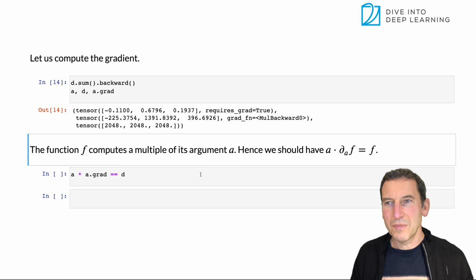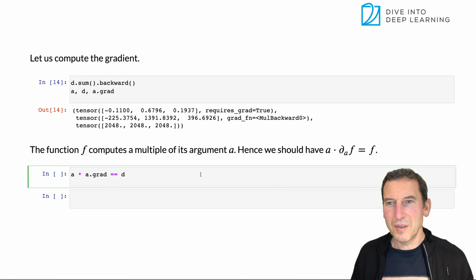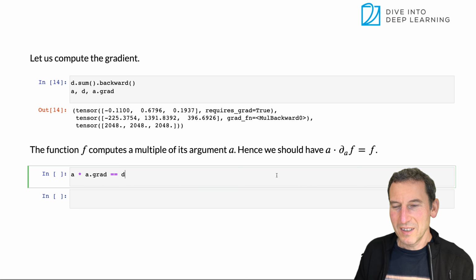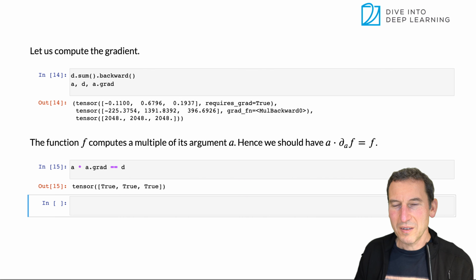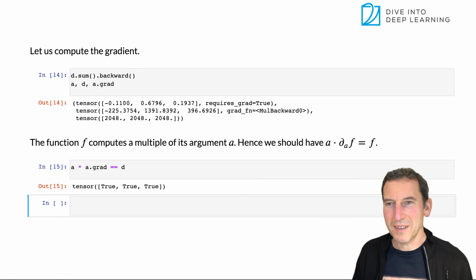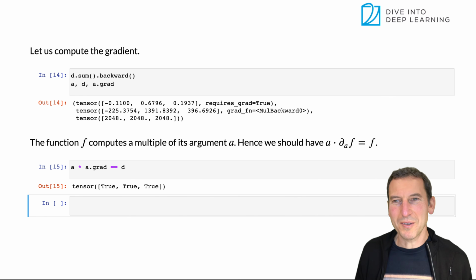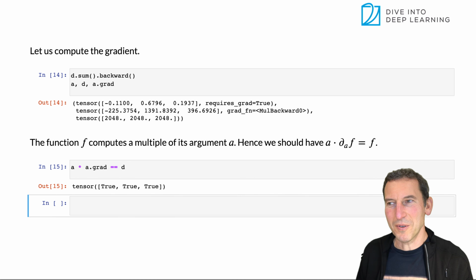Now, if you watch closely what was going on before, you can check that a divided by the gradient of f with regard to a should be f, because it's a linear function, right? So for any linear function that happens to be the case. And yes, as we would expect, this happens. Obviously, if it wasn't true, then I probably wouldn't have put it on the slides in the first place.